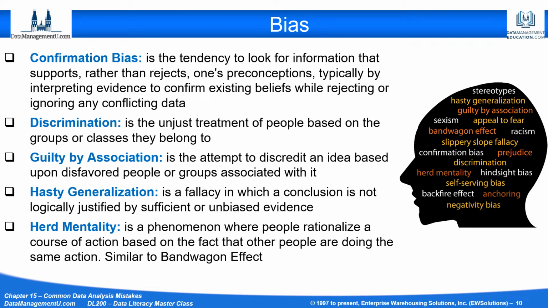Oh boy, this is similar to some of the other biases, but it's a phenomenon where people rationalize a course of action based on the fact that other people are doing the same action. We see this a lot, not only in data analysis, but just in life, where something becomes popular and people just blindly follow it. Herd mentality, not something that we want to partake in. It's a bias and one we really want to try to minimize as much as we can.